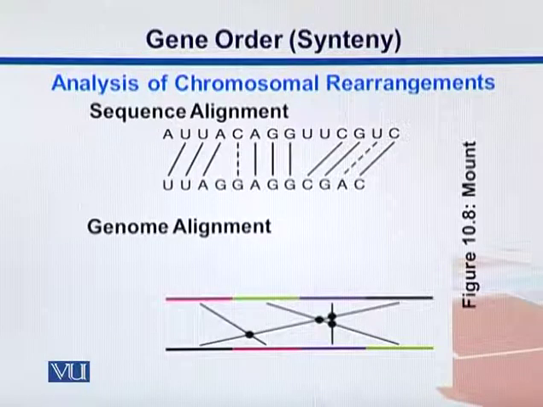While we do this analysis computationally, we try to make it simplified. For example, here we have the sequence alignment where the sequences are aligned with one another in the top diagram, and in the same way these similar sequences, when we put them together in a genome context, will give us the genome alignments.